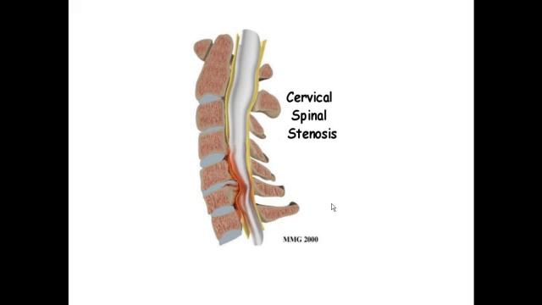Since we are pushing onto the spinal cord, of course we might see anything that can be related to a neurological impairment. So our signs of neurological involvement, of course, could be pain, also sensory changes, muscle weakness. So we could be pushing on sensory nerves or motor nerves within the spinal cord.